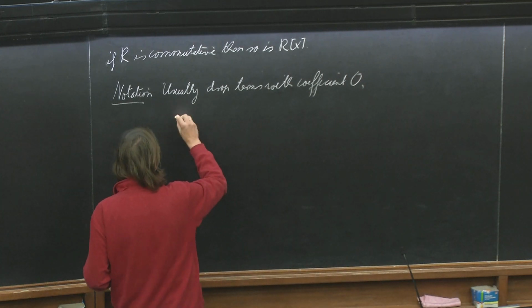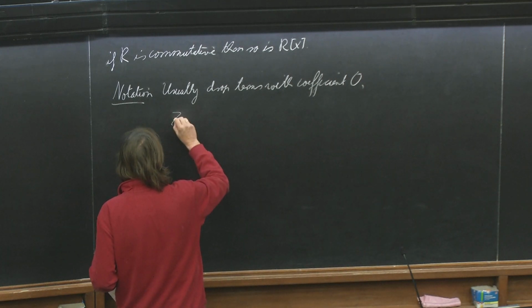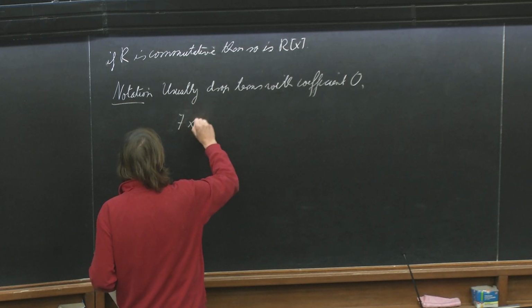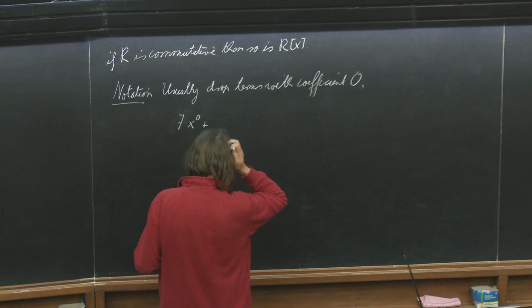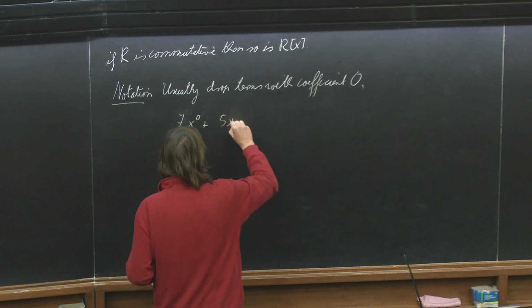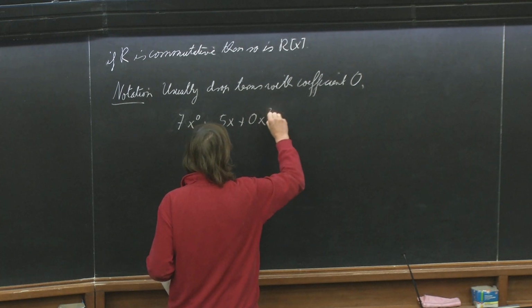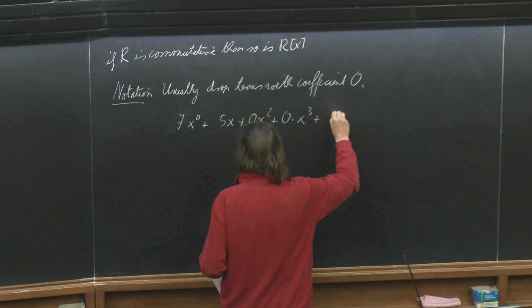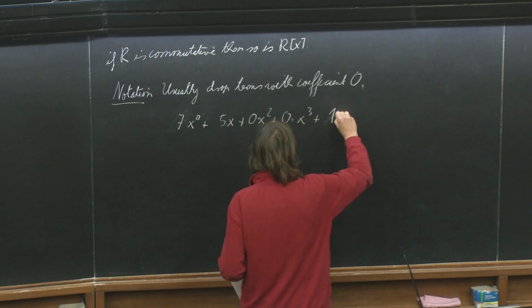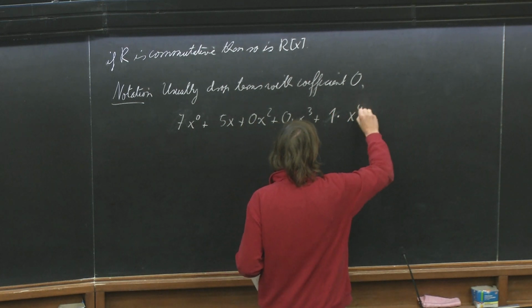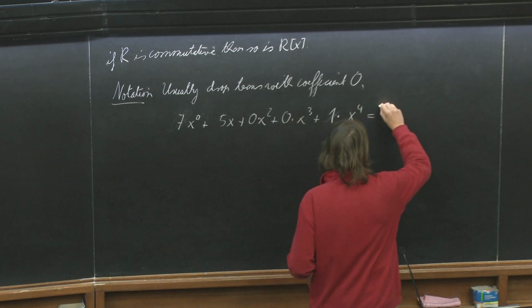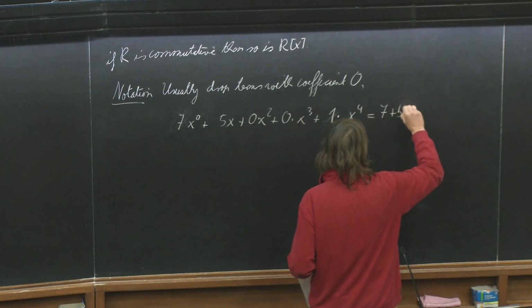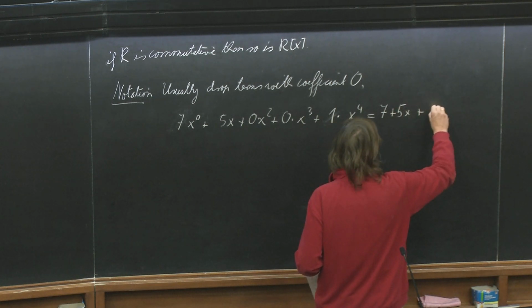If we have something like 7 times x to the 0 plus 5x plus 0 times x squared plus 0 times x to the third plus 1 times x to the 4, we just write this as 7 plus 5x plus x to the 4.